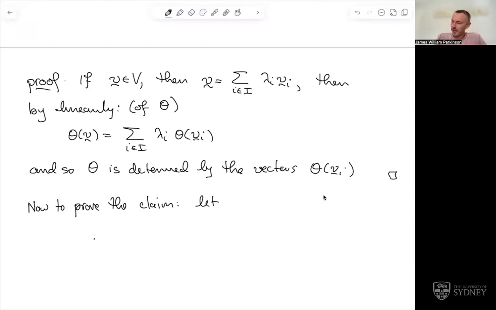So to do that, let's let A, or let's write M for matrix, M of theta, be the matrix whose first column is the image of the first basis vector of F^n, and whose second column is the image of the second basis vector, and so on. There's n of these things.